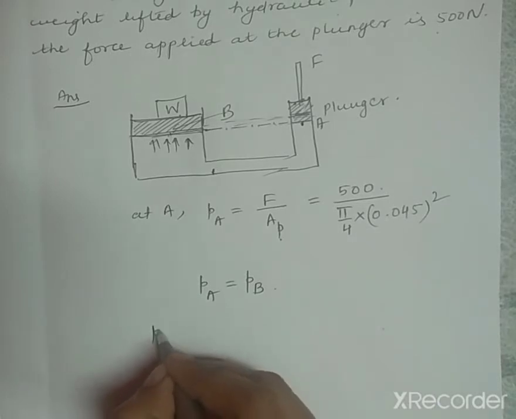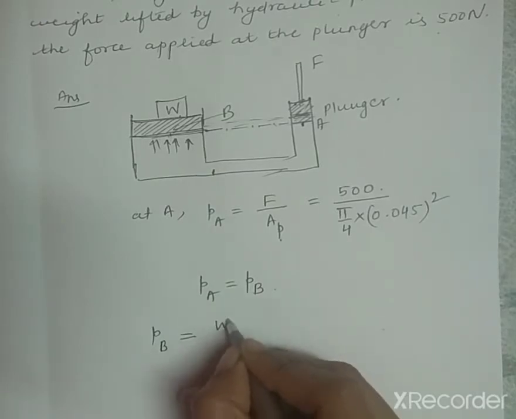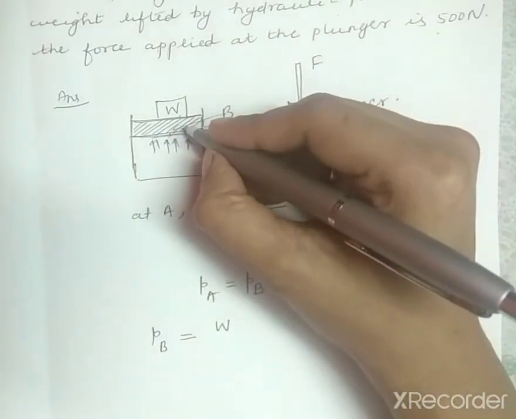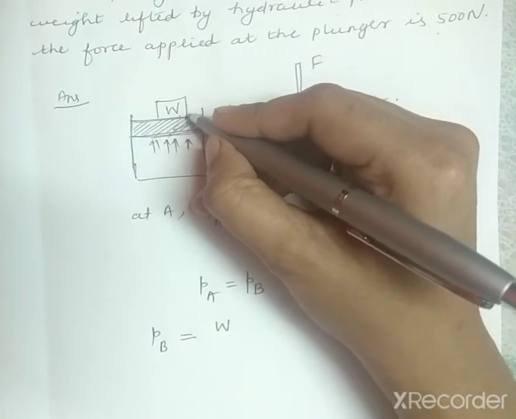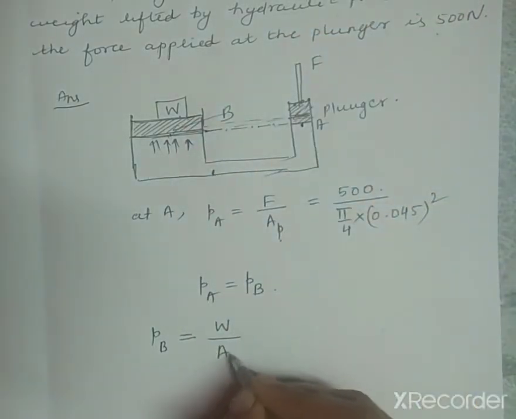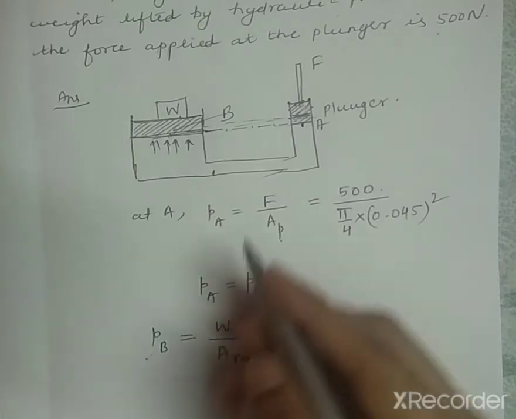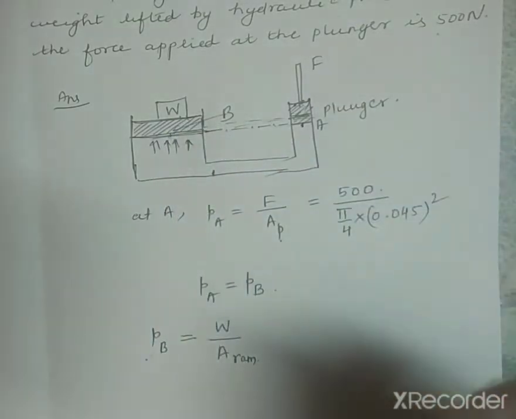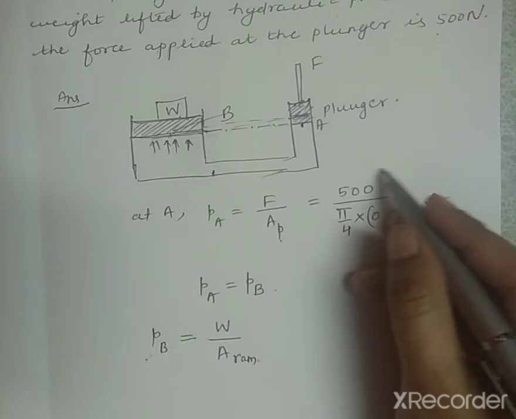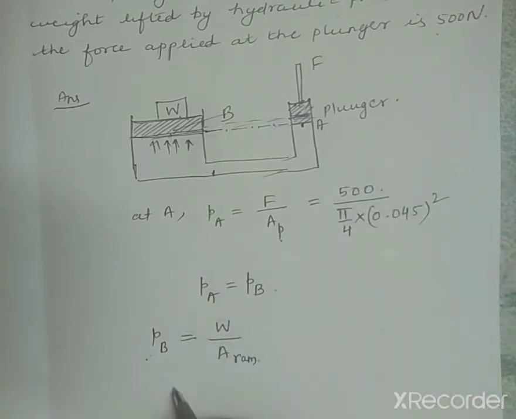Then the pressure intensity at B, we know it, isn't it? So it should be equal to what? The weight, that is the force which has to be lifted. So W by the area of the ram should be equal to what? The pressure intensity at the point B. So I am substituting the value of PA, which is the same as PB, over here.